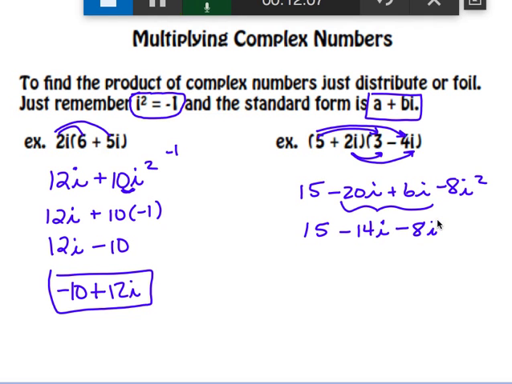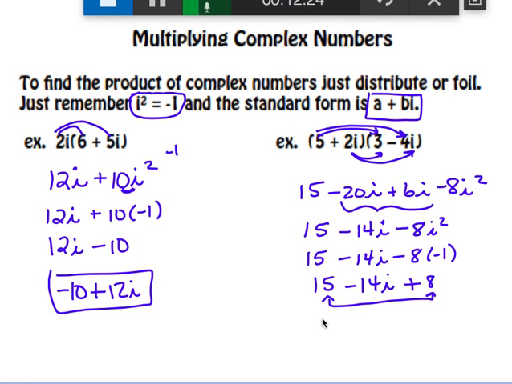And then remember, we're replacing i squared with negative 1. So that's going to end up giving you 15 minus 14i plus 8. And now you have like terms again. Add those together, and your final answer is 23 minus 14i.